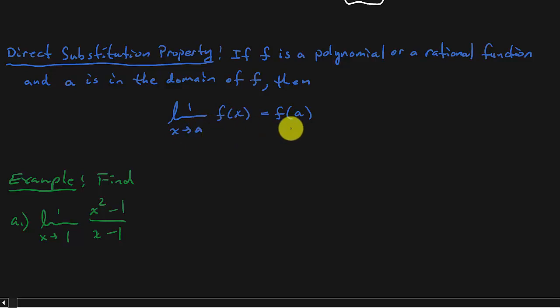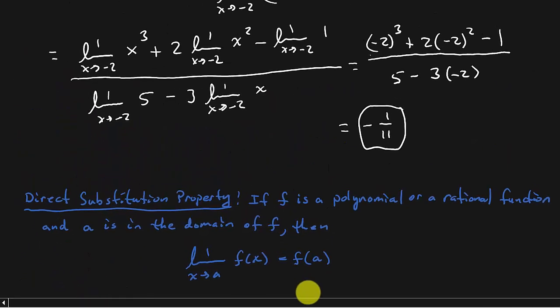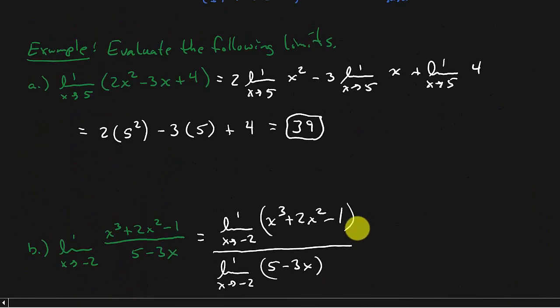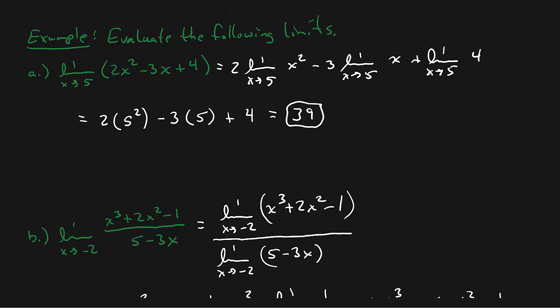Well, that's nice right there, isn't it? What is that telling us? If we're taking the limit of a function as x goes to a number, and that number is in the domain of the function, well, to find the limit, we just evaluate the function at that number. So let's go back up here and look at these problems again.